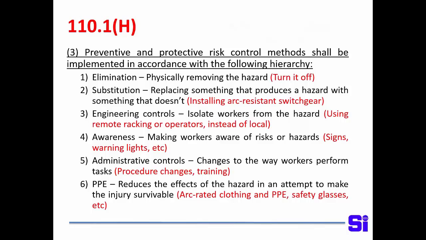I always like to point out that PPE is the least effective method of controlling risk, and because of that, we don't want to rely on PPE. The best thing to do is to eliminate the hazard. So once you're working down the list, you get more and more ineffective.